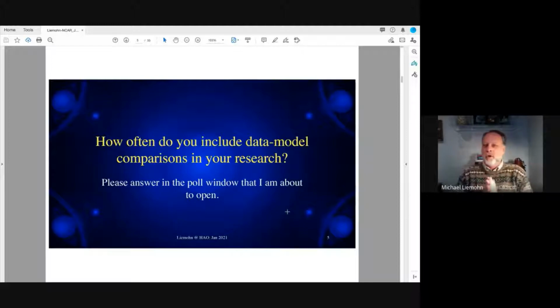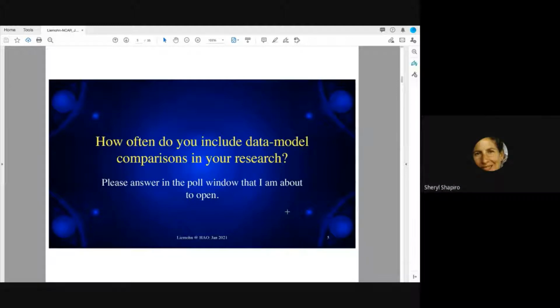Now I'd like to open a poll window for us. How often do you include data model comparisons in your research? Cheryl, is this? Okay, so I just launched this. Do you guys see a poll or anything? No. Anyone? Uh-oh. For me, it comes up as a little box that you need to click on.